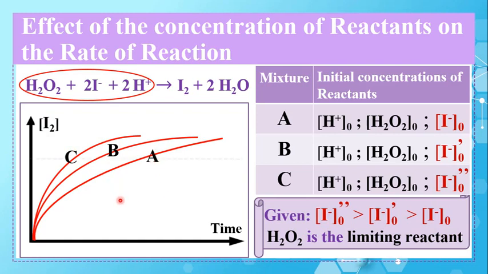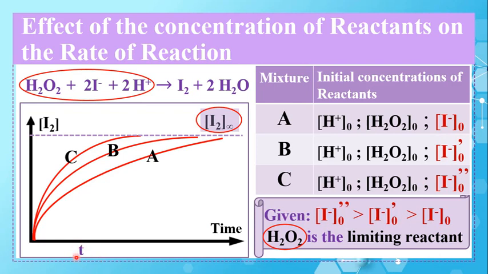Pay attention that the maximum concentration of the product I2 is the same for the three mixtures. Why? Since the maximum concentration of I2 depends on the limiting reactant H2O2, which is the same in the three mixtures. But the maximum concentration of I2 is reached in C before B, before A, where the concentration of I- is the smallest.